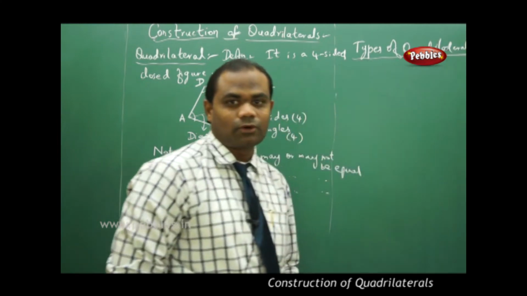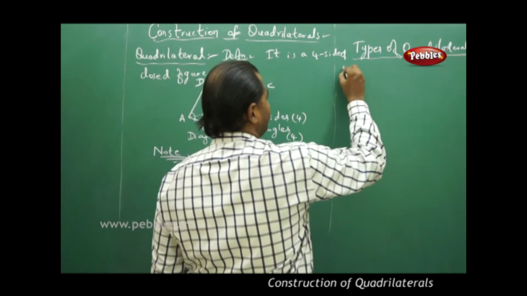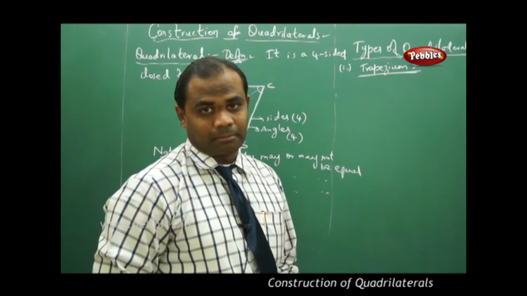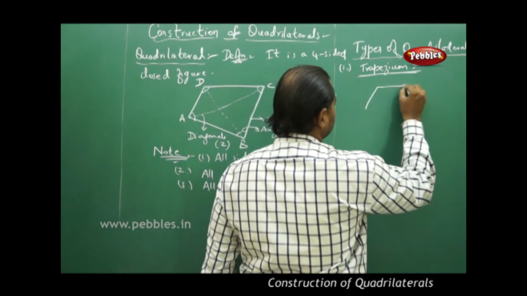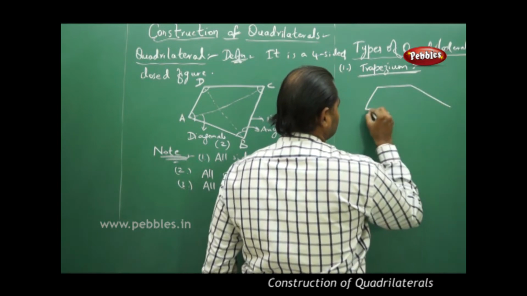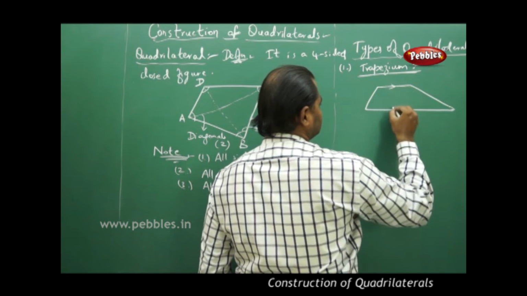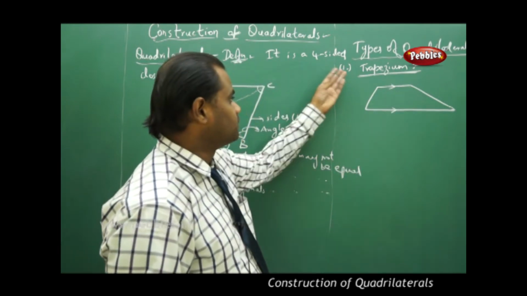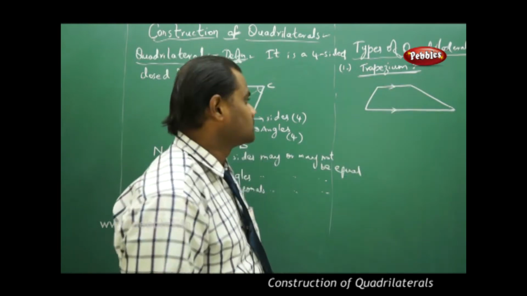Now there are different types of quadrilaterals in mathematics. The first one to start with is the trapezium, a four-sided figure. So let's start with the first type of quadrilateral, which is called trapezium, and let's see how the definition states.